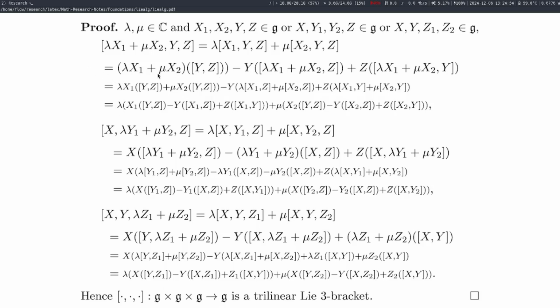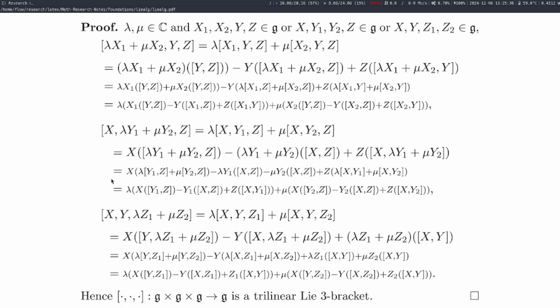And it is. I've written it using the recursion rule, so we can have lambda x1 plus mu x2 of the bracket of y and z, and minus y of this bracket and z of this bracket, and you just apply linearity. It's more terms you have to write out now, but it's the same principles, and it proves the linearity in each component, and the 3 cases make it a trilinear Lie bracket basically.